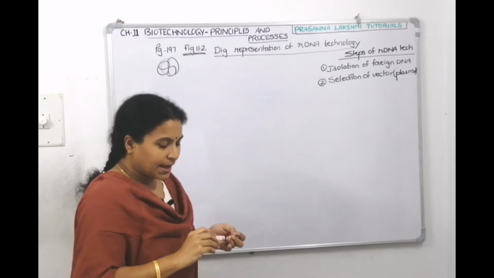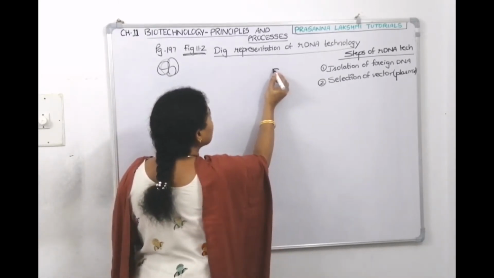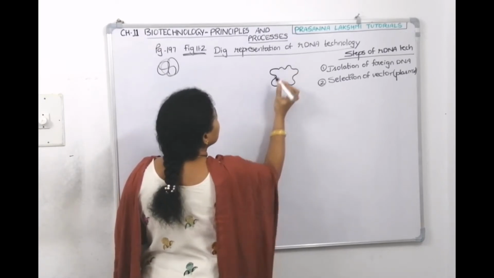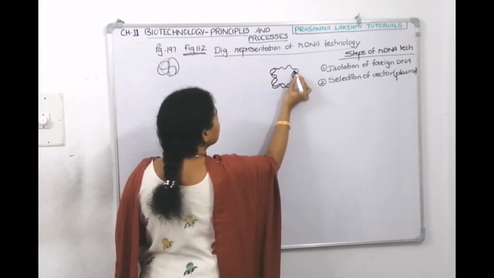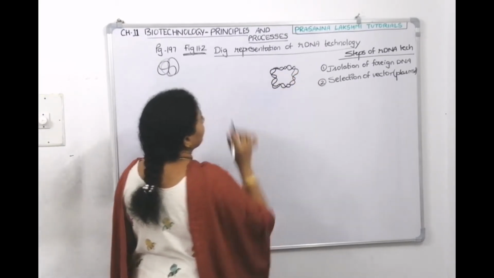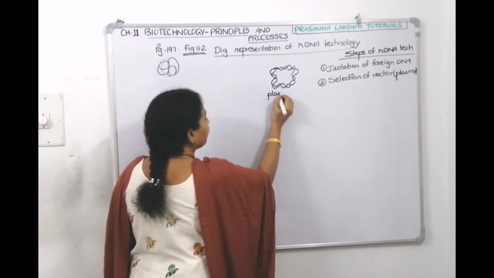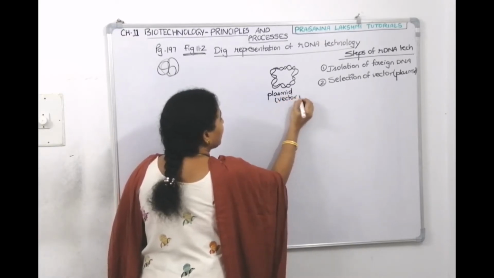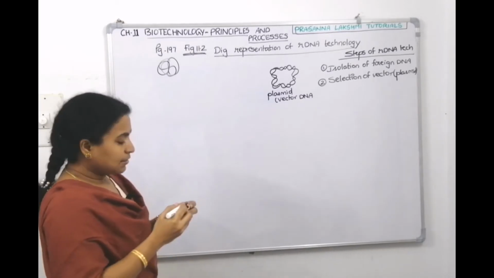In our NCERT diagram, they have given us a plasmid vector in this manner. They showed us there is a plasmid DNA. We know plasmid DNA is a circular double-stranded extrachromosomal genetic element. So, this is a plasmid which is acting as a vector DNA. Here is our vector DNA and this is our desired DNA.